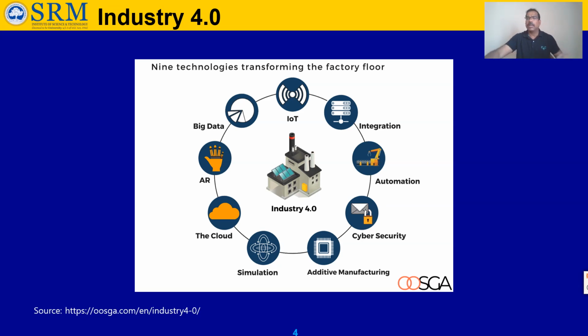For example, if we are manufacturing and planning a new release, maybe after 6 months we are going to launch some new component, for example an automobile vehicle, or a mobile phone, or any appliance.